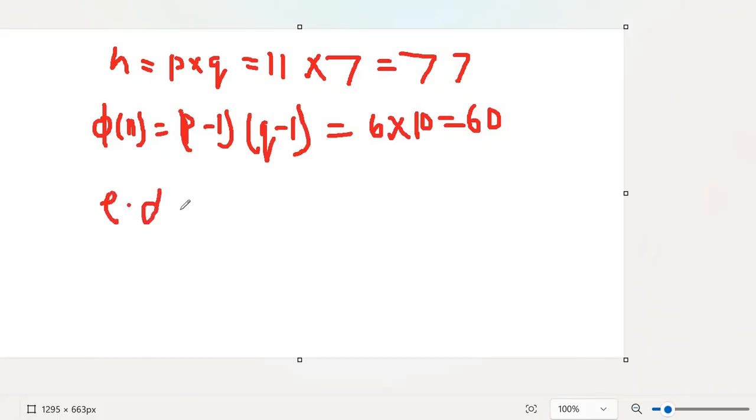E into D is what? 1 mod n. Okay, so this is our equation that we are going to use to find D, because the value of E has already been given. So 1 mod n we can write like this. 1 mod n. Okay.